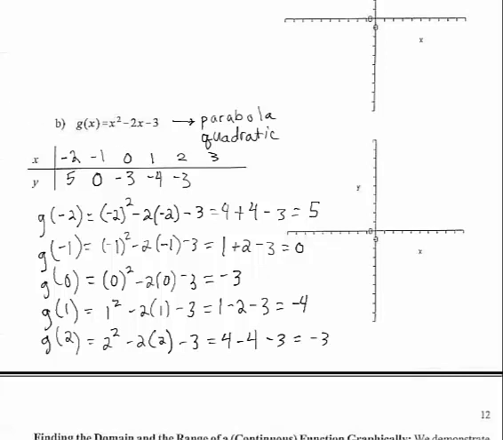I'm going to go up here, make some room so that I can calculate g of 3. So I have 3 squared minus 2 times 3 minus 3. 3 squared is 9. 2 and 3 give me a 6, and it's negative. Minus 3. Okay, I get 9 minus 6 minus 3, so I end up with 0 again.